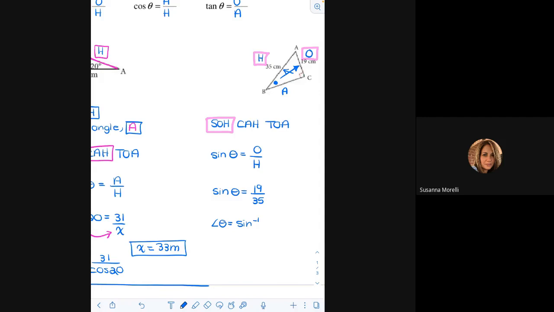It'll have sine and then -1, and then in brackets, 19 divided by 35. Anytime you need to find an angle, you need to use that inverse. So angle theta turns out to be 33 degrees. There you have it. And that's Soh Cah Toa, or your primary trig ratios.